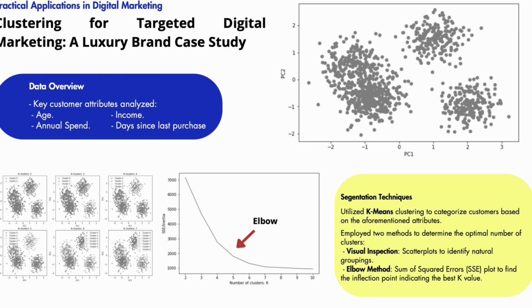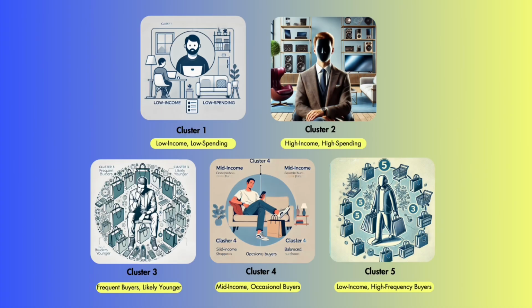With 5 clusters identified, each represents a distinct group. Cluster 1, low income, low spending. This group responds well to discounts and essentials-based promotions. Cluster 2, high income, high spending. These customers prefer luxury offers, VIP access, and personalized service.